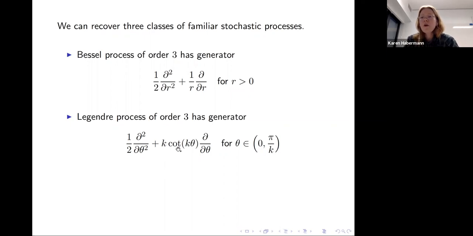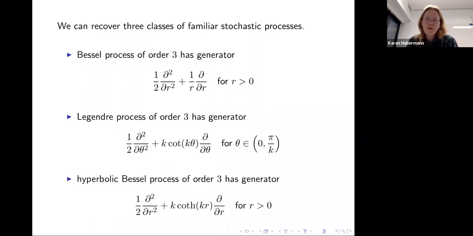And the nice thing is, you can simply take a sphere in SU2. If you take a sphere in SU2, you can check that your characteristic foliation is really going to consist of great circles. And then you do indeed obtain this Legendre process. And if you now notice that a sphere in SU2 is pretty much, again, a horizontal plane in SU2, then it's not hard to think about what happens if I now take a horizontal-like plane in SL2R?